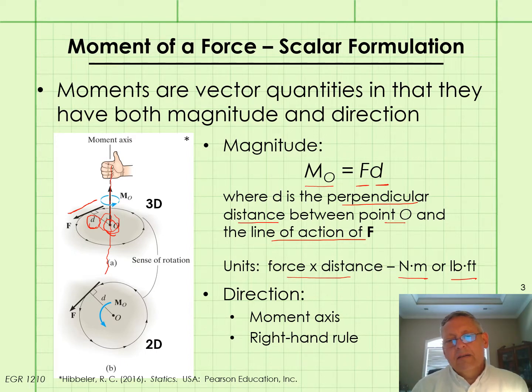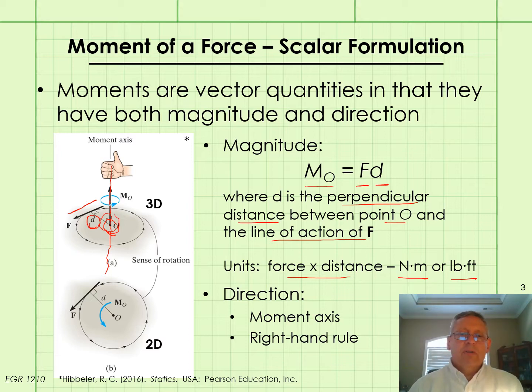And the sense of M sub O, the moment on that axis, can be determined by the right-hand rule, where notice here that the force F is trying to rotate about the point O in a counterclockwise fashion.